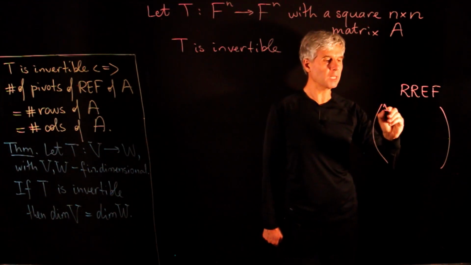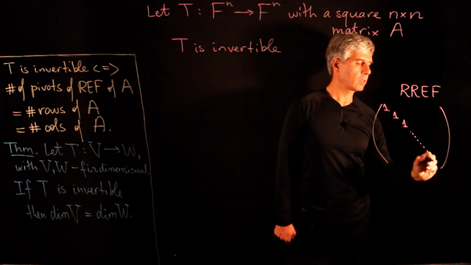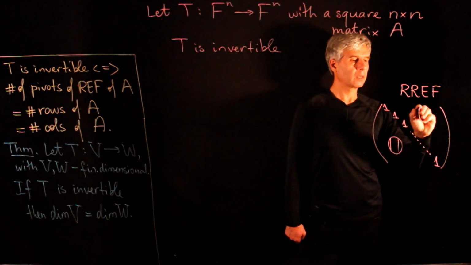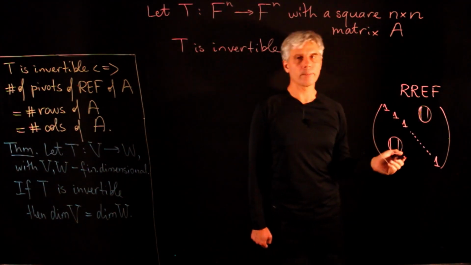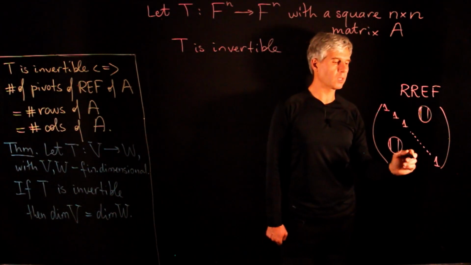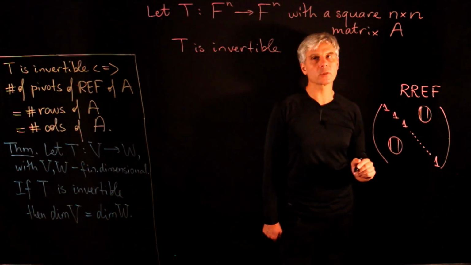So the only possibility for this reduced row echelon form is this one, right? So this is the only reduced row echelon form of an n by n matrix with n pivots. So we have ones on the diagonal, so these are our pivots, and zeros elsewhere.